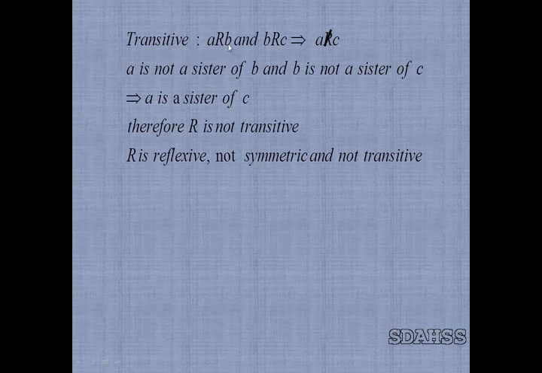A is related to B and B is related to C does not imply A is related to C, because A is not a sister of B and B is not a sister of C, yet A is a sister of C. Therefore R is not transitive. Therefore R is reflexive, not symmetric and not transitive.